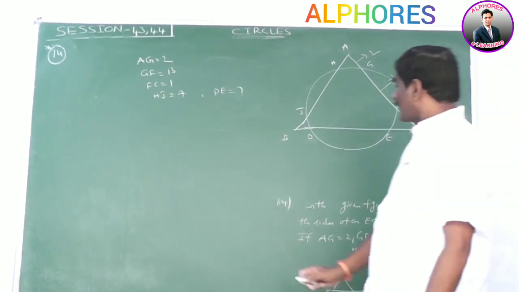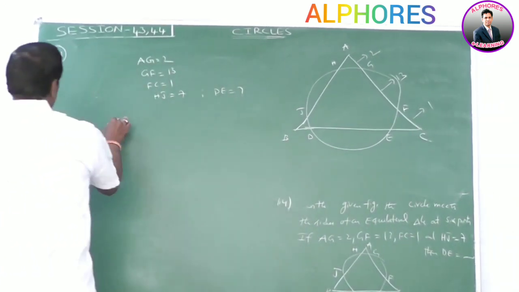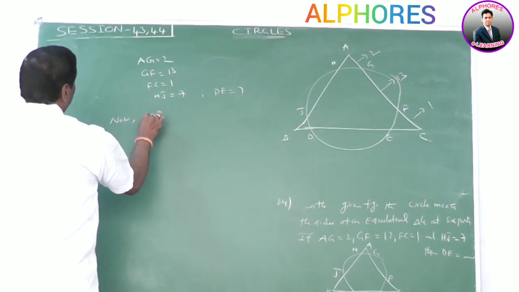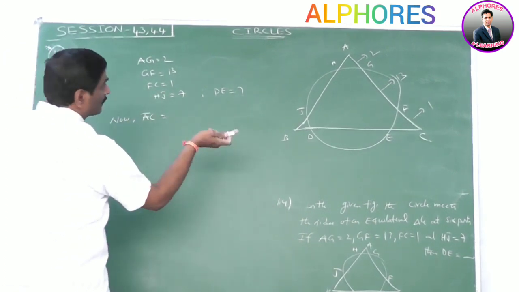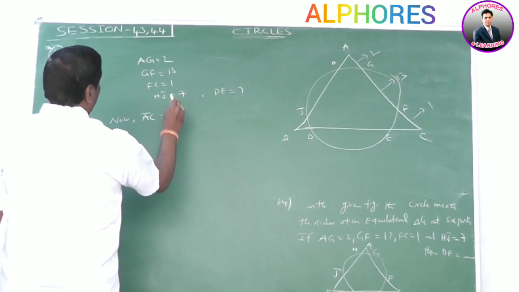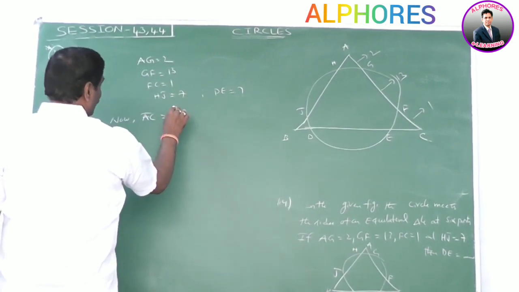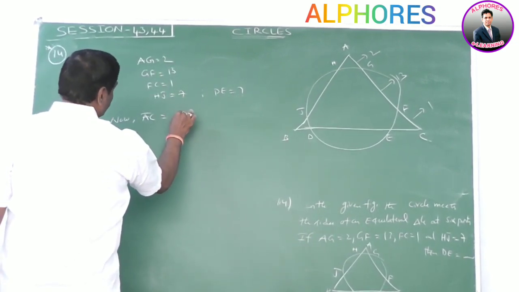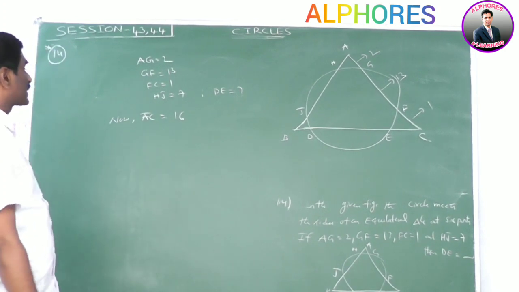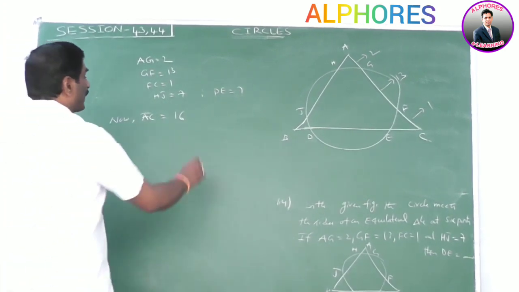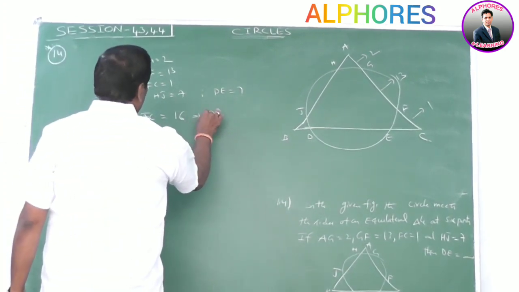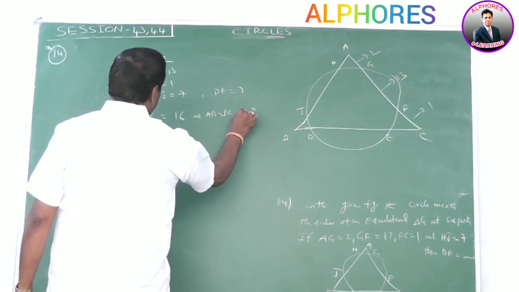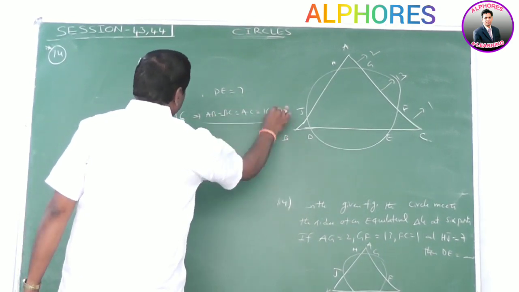Okay. Now AC is equal to AG plus GF plus FC. That means 2 plus 13 plus 1 is equal to 16. So the side of an equilateral triangle is equal to, that means AB is equal to BC is equal to AC is equal to 16.